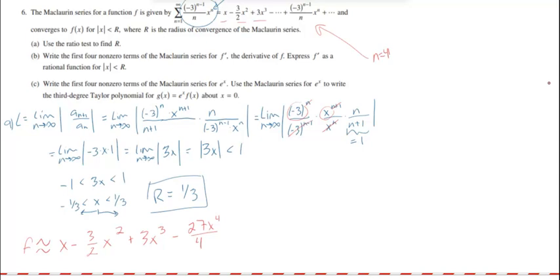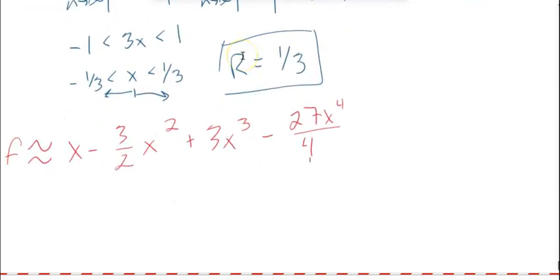Let me come down here and take the next steps. So it says, all right, I want to find the first four non-zero terms of f prime. So what we're going to do is take the derivative. f prime is approximately, I'm going to take the derivative of this line. What's that? It's 1.